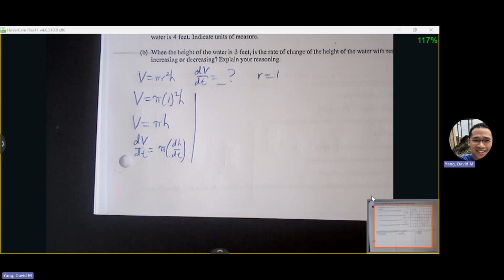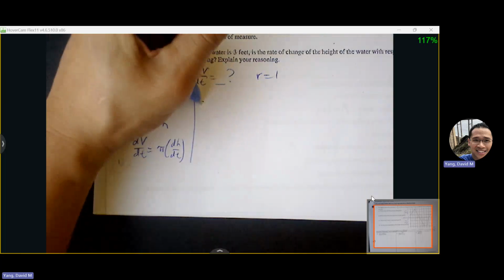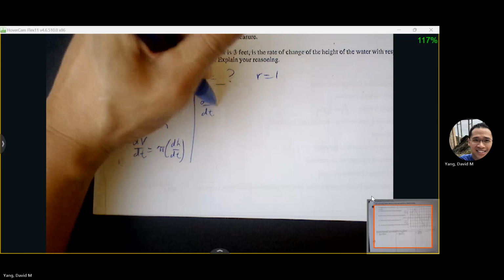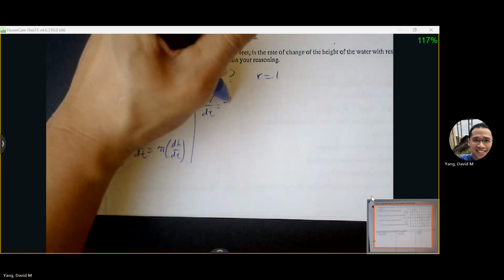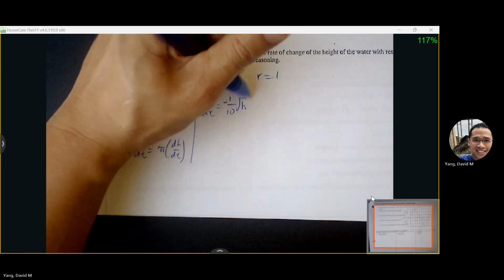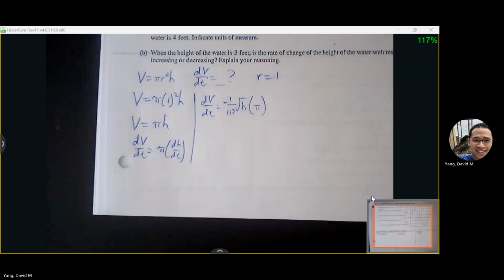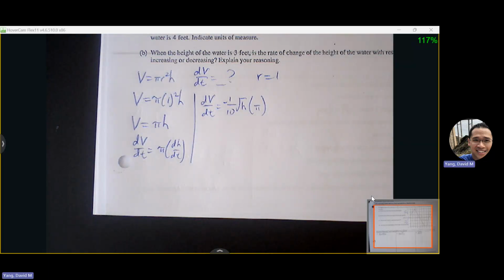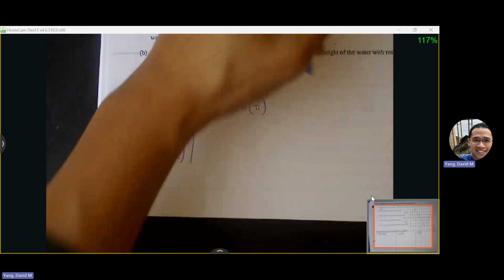Make our substitutions. dh/dt is -1/10 root h. Now that we have our derivative, we can look to plug in values. We know that this is a moment in time when h is 4.